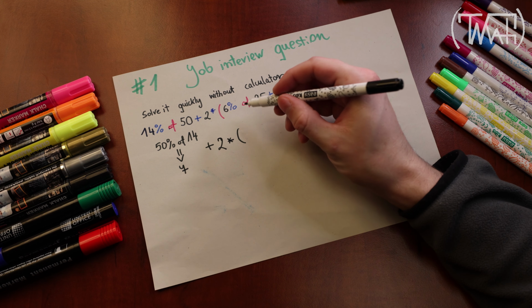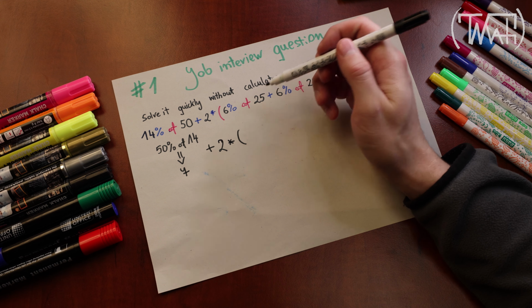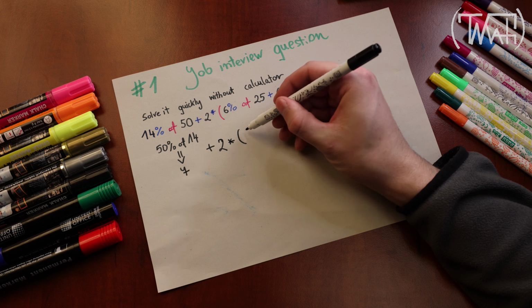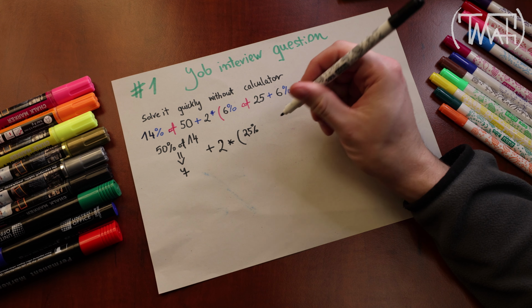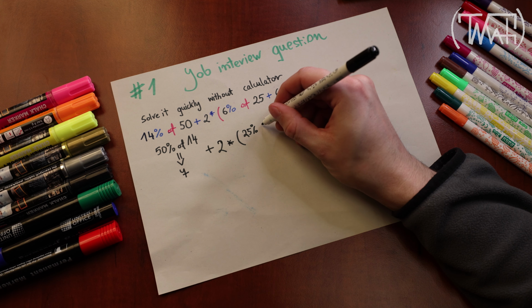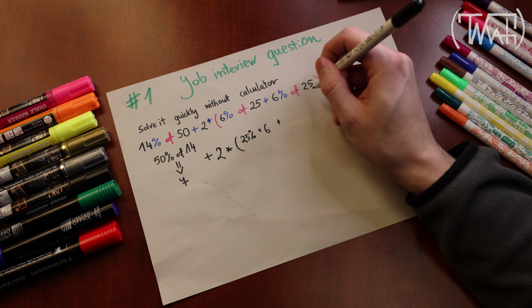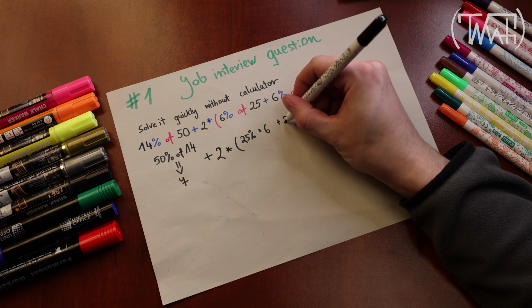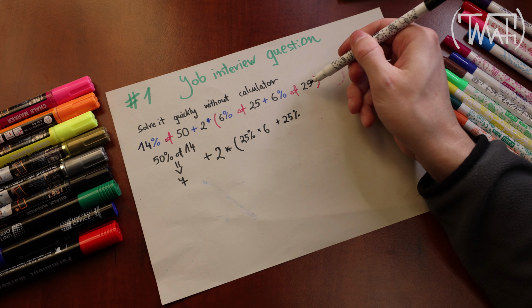So again, 6% of 25, you may not know, but 25% of 6, you may know, right? So it's 25% of the 6 plus, again, 25% of the 6, because we are swapping those two numbers.